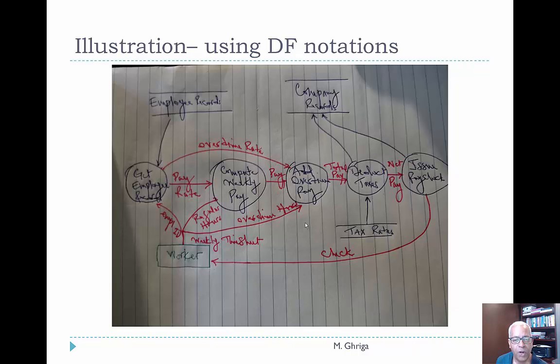From the employee record, the overtime rate and the pay rate are obtained. These rates combined with the regular hours and the overtime hours are used to compute the pay and the total pay. Subsequently, we're deducting taxes and recording that in the company records. And finally, we issue a paycheck with the net pay to the worker.